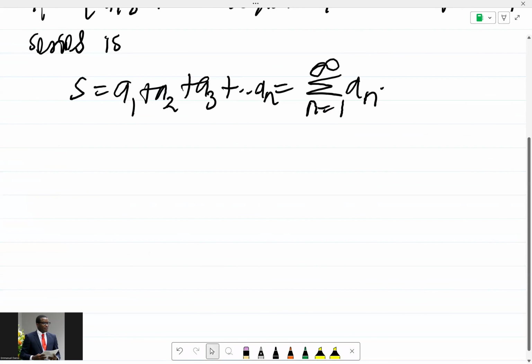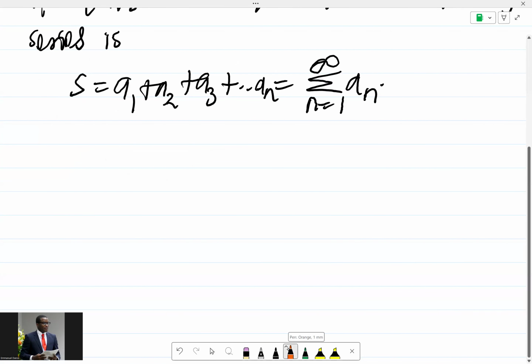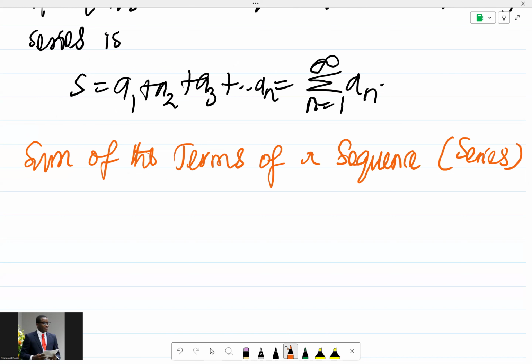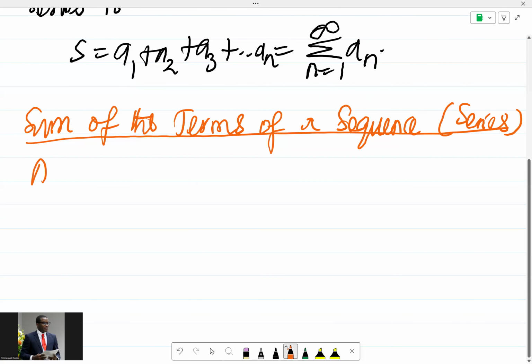Now, having talked about this, let's move on and talk about the sum of the terms. The sum of a sequence's terms can easily be called a series.